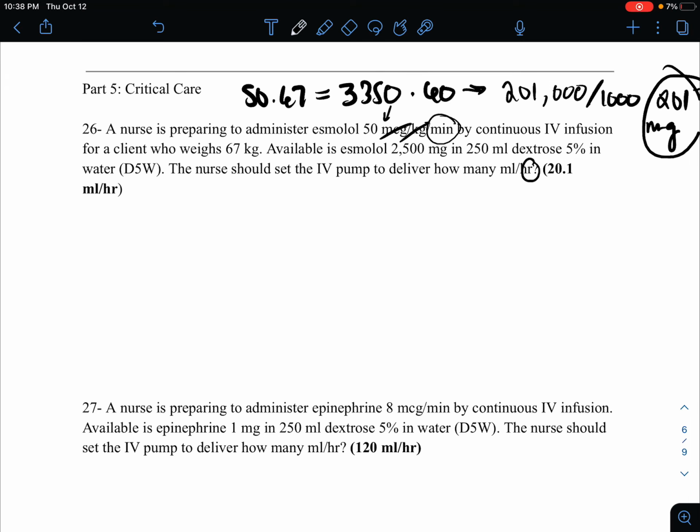Okay, available is 250 milligrams... sorry, I lost that right there. Because we're looking for milliliters, we'll do 250 over 2,500 times 201.